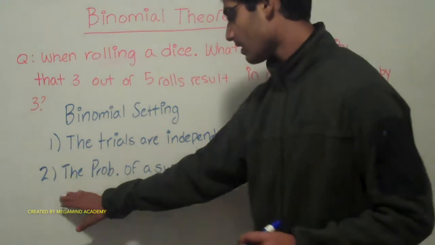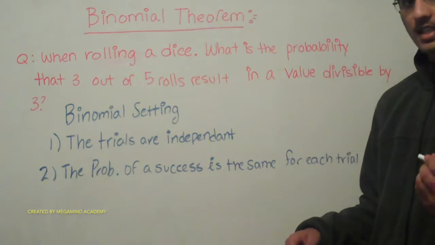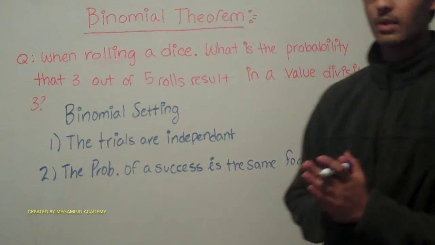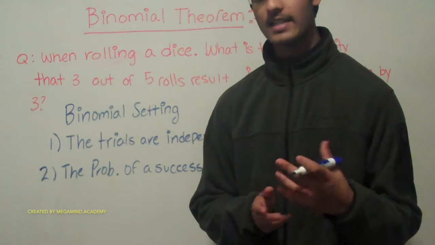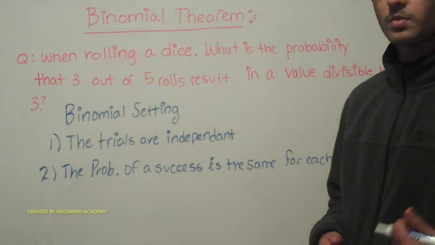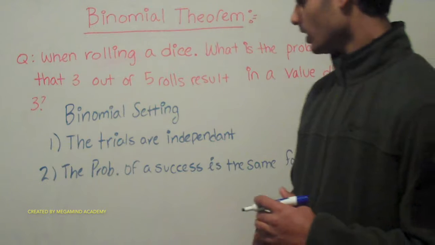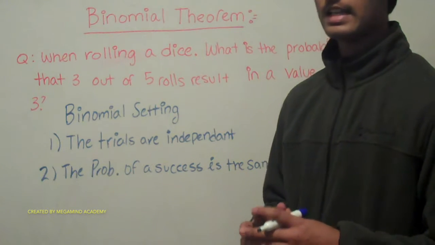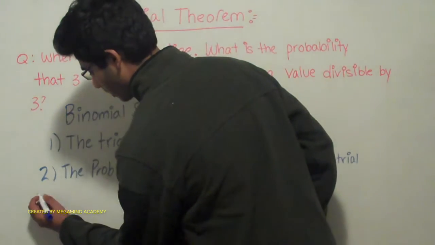The first one says that the trials don't influence each other. The second one says that the probability of a success, or the probability of one outcome, remains the same for each trial. So once again, we can look back at this coin example. In the coin example, the probability of getting a head is 1/2. And for it to meet the second condition, for every trial, we must have a probability of 1/2 of getting a head. So basically, for each trial, the probability of a success or the probability of an event occurring is the same.